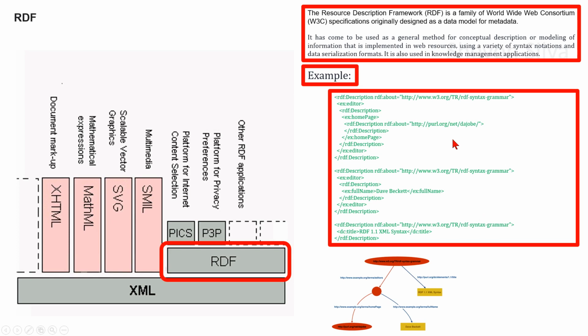So in this example we are considering dajobe and full name, ex:fullName, here. This is a segment of the full code.